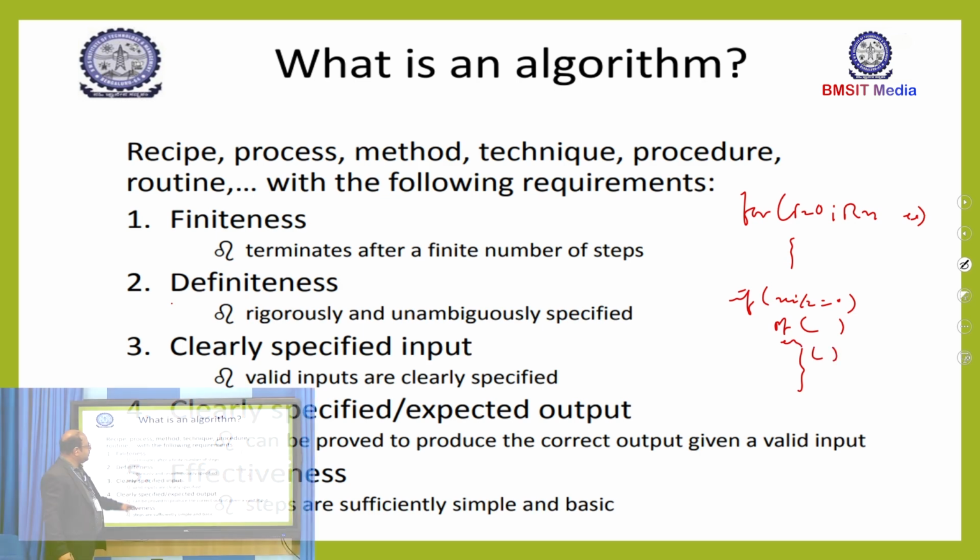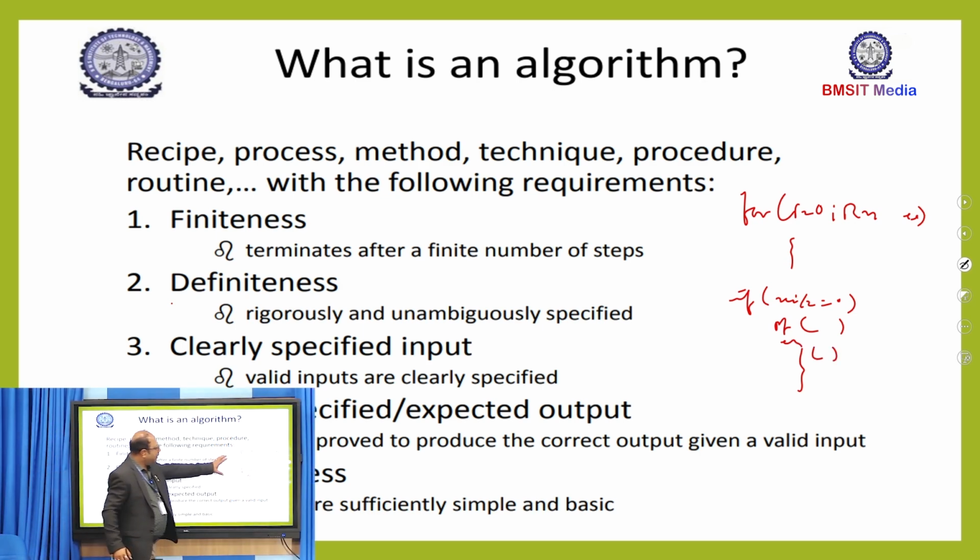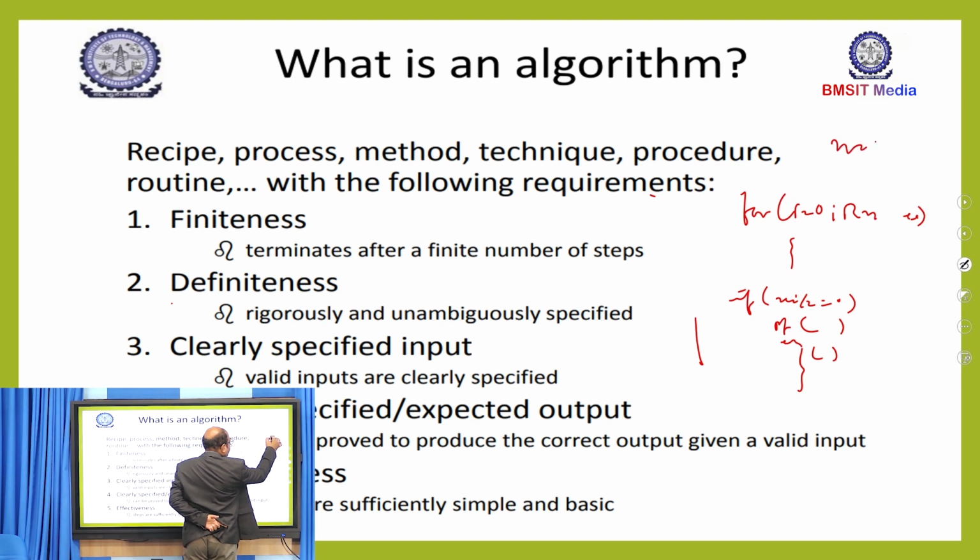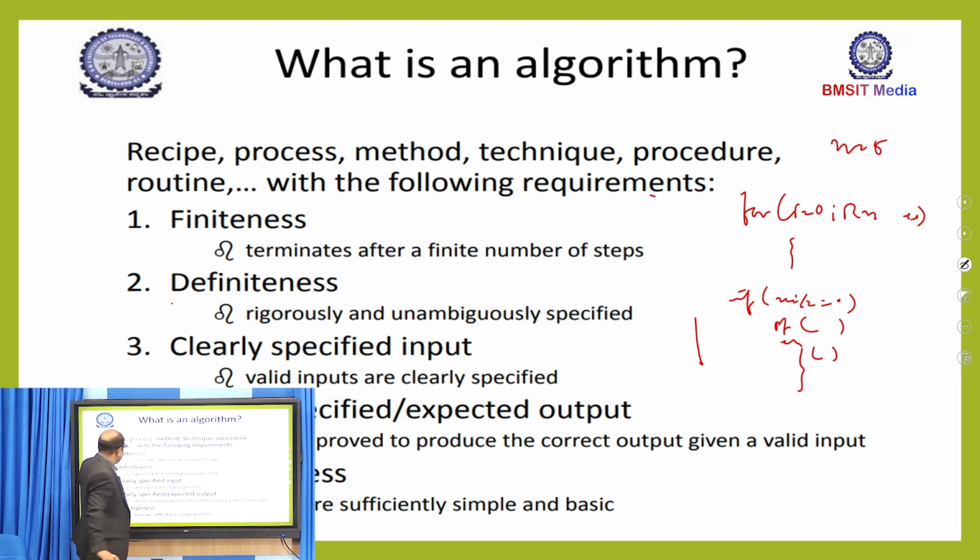I have written a small looping construct which has a for loop and an if statement. For the first point, finiteness means it terminates after a finite number of steps. Suppose I give n equal to 5; until the 5 elements are executed, this loop continues its execution. That's what we call finiteness.